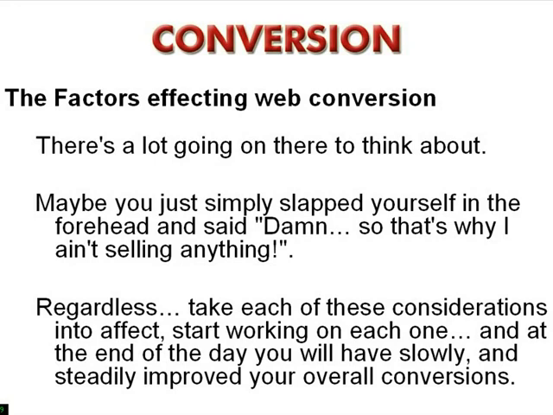So, regardless, you need to take each of these considerations into effect. Start working on each one. Like I said, you can't do them all at once, but move through this list of pieces and look at your product, look at your sales page, look at your value proposition, look at possible inhibitors. Okay, put those trust and anxiety pieces in place.